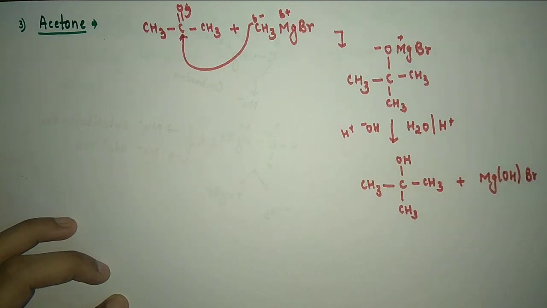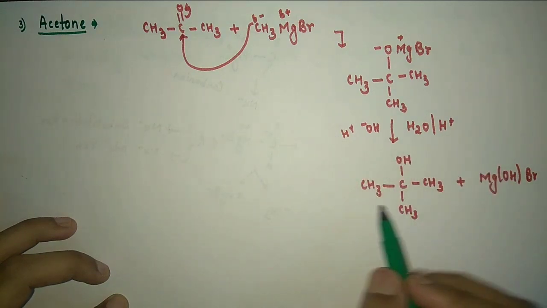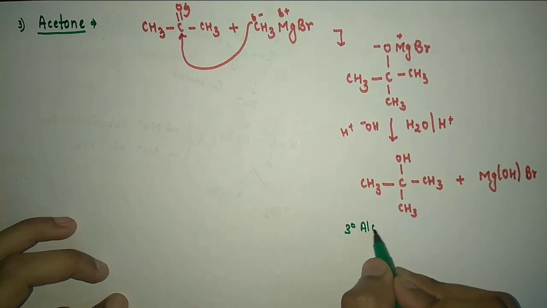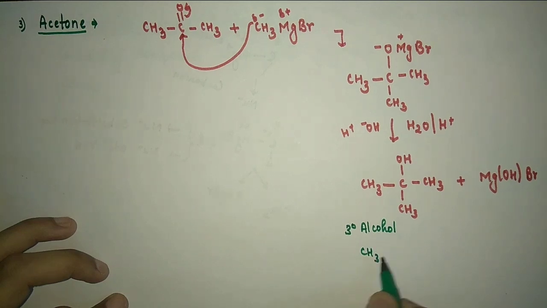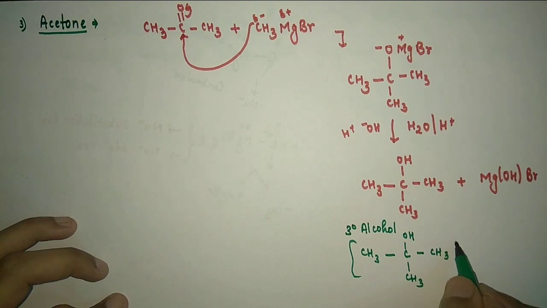So when the acetone reacts with the Grignard reagent, what is forming as the product? This is our tertiary alcohol, just like this, CH3, C, CH3, and this is CH3, and this is OH. Okay, this is our tertiary alcohol.